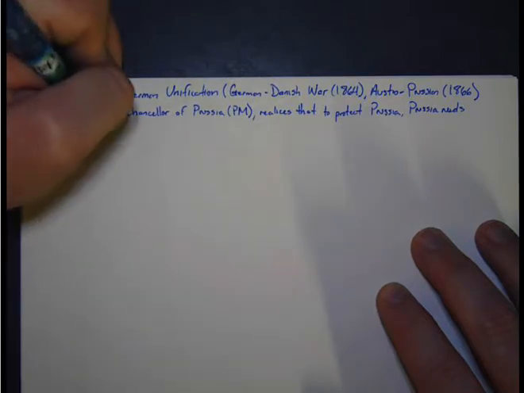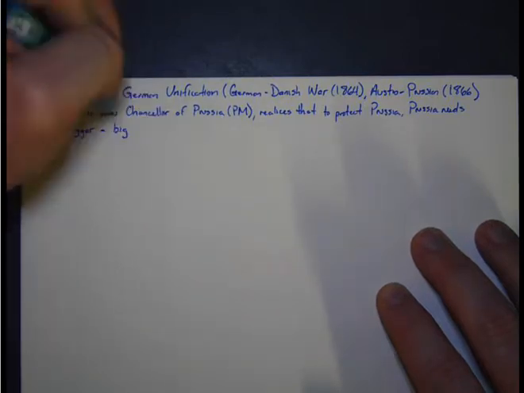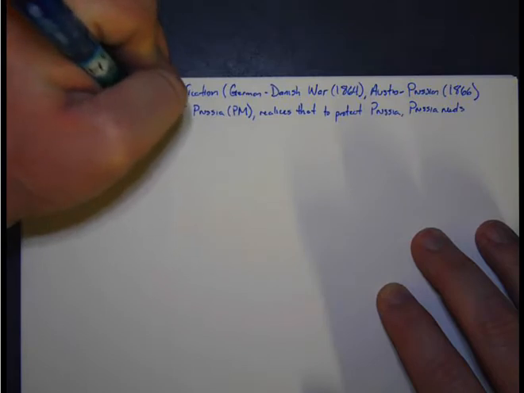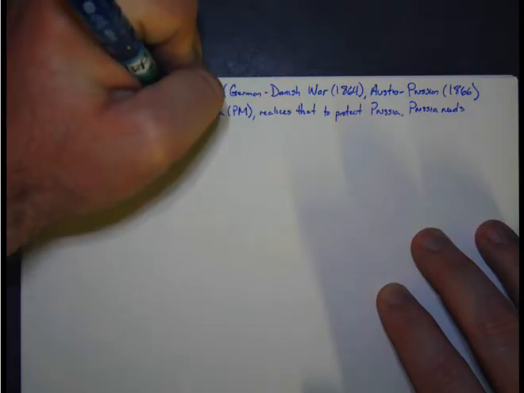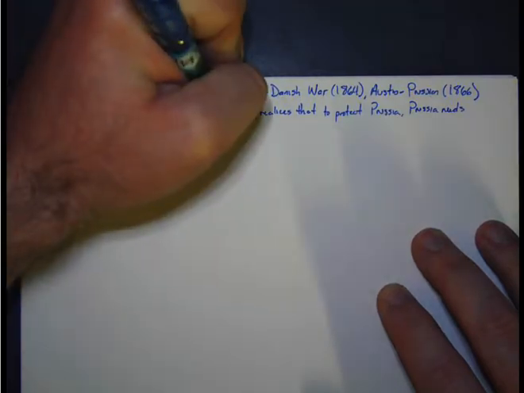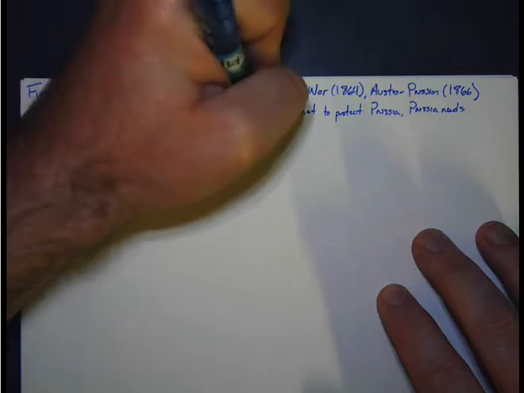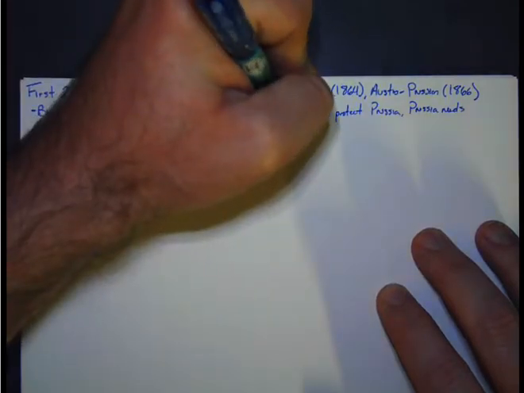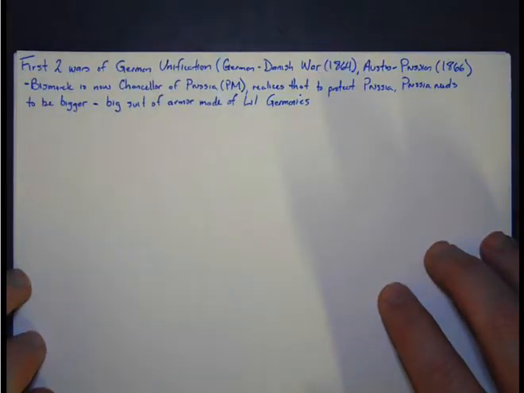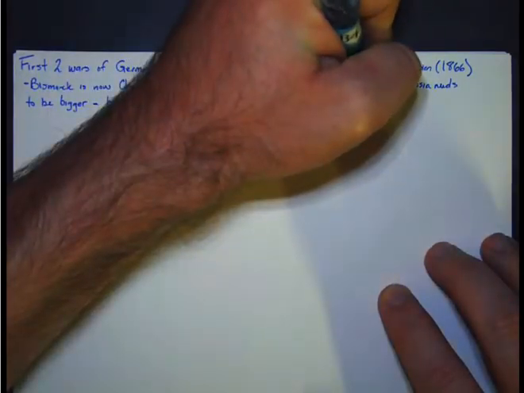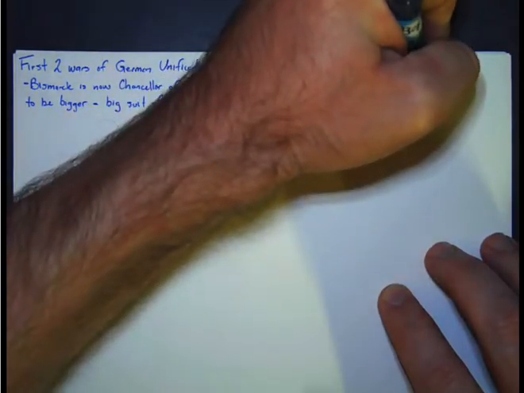Essentially, they need a big suit of armor made of little Germanys. And that's what Bismarck is going to try to do. He's going to try to unify Germany to protect Prussia.